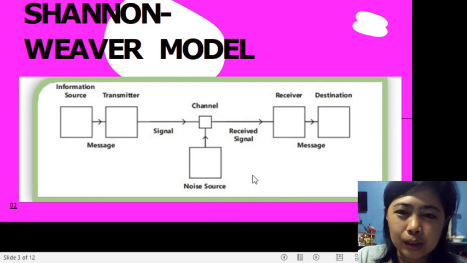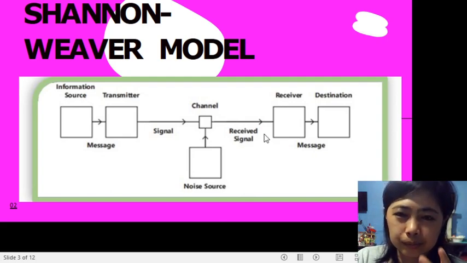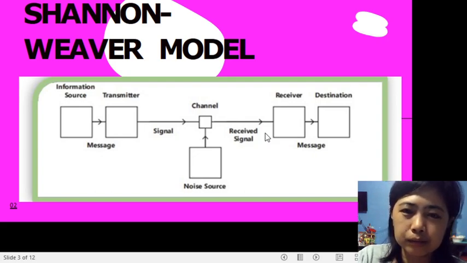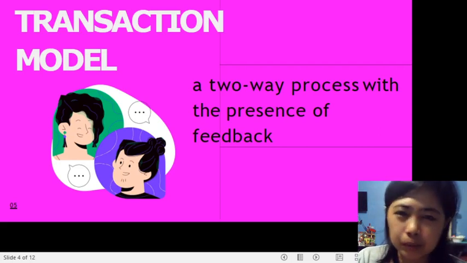There is another philosopher who discovered that this kind of model is not that effective since there is no proper feedback, so it was revised. We have here the transaction model.